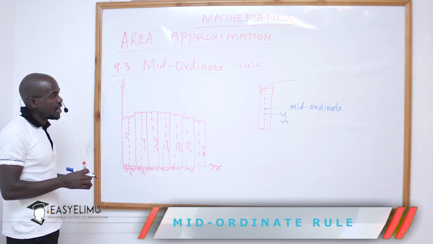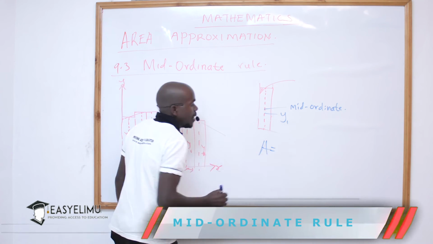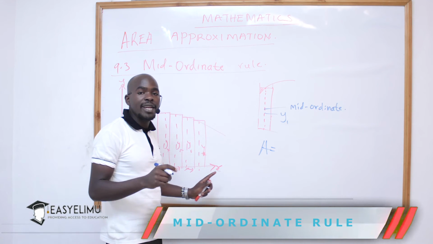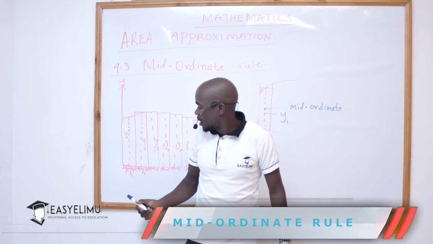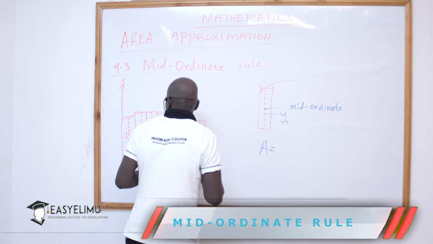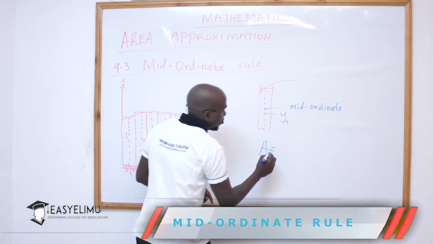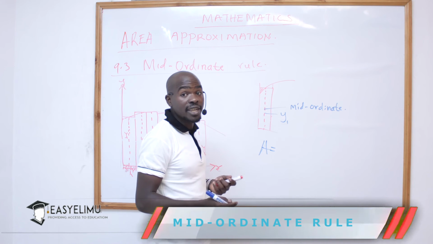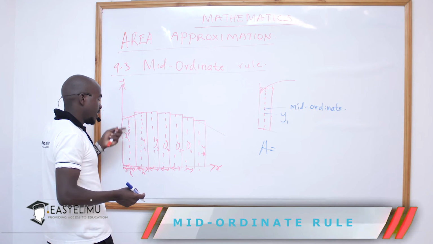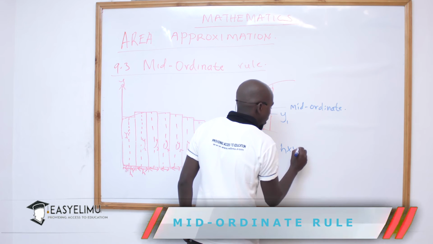That line is what we assign as our y1 as we proceed. After getting that, we can find the area under the curve by taking y1 multiplied by the equal widths. For example, if I need the area of here, I will take h multiplied by y1, because it's a rectangle, so it will be h multiplied by the length y1.